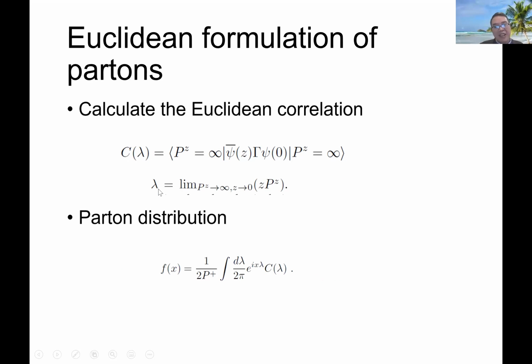So you have to take a very delicate limit. You calculate the correlation function, and you Fourier transform it, and you get the Feynman parton distribution. Okay, so this I call the infinite momentum frame formulation of parton physics.